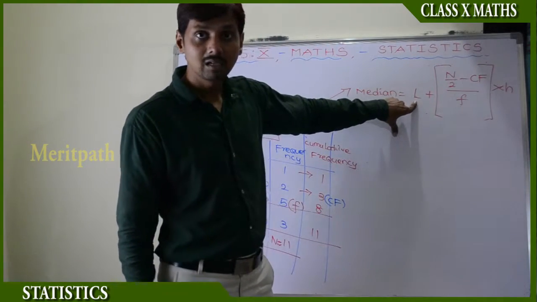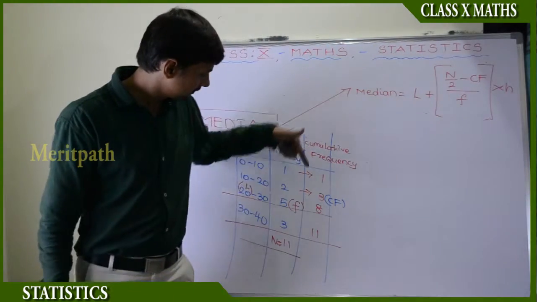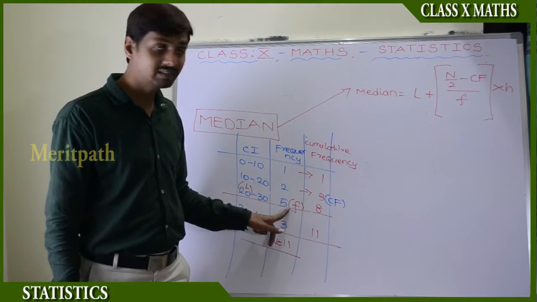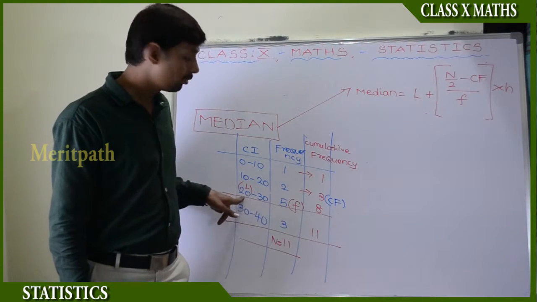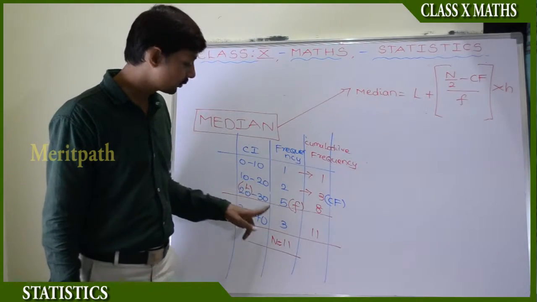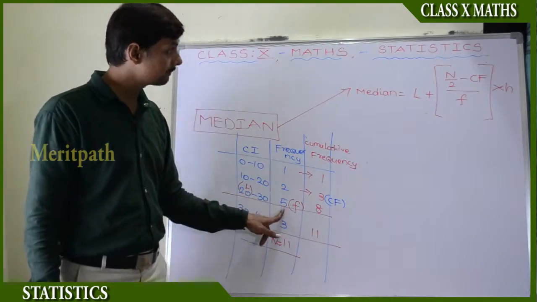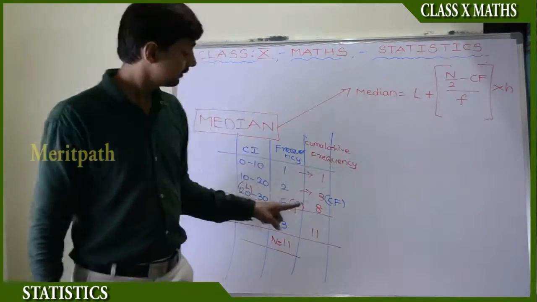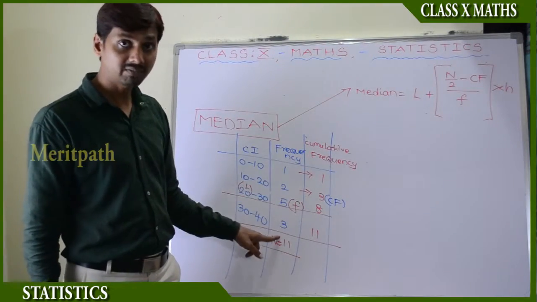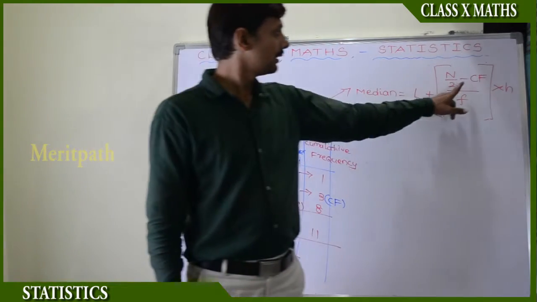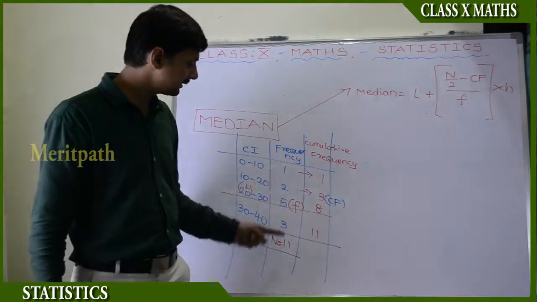L is the lower boundary of the median class. When we underline the highest frequency, the lower boundary is this one, 20 to 30, the lower boundary of the median class, and f is the frequency of the median class. N is the sum of the frequencies, 11.